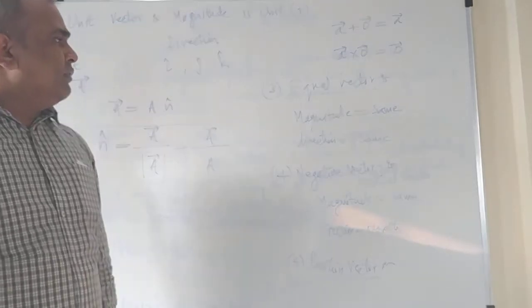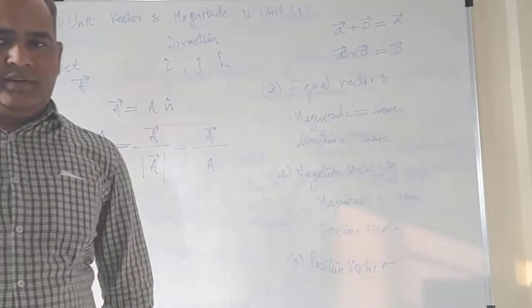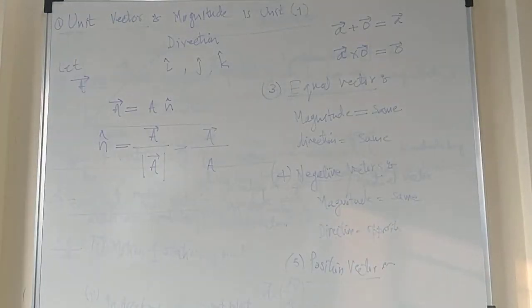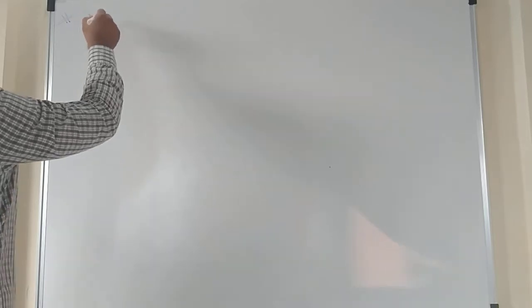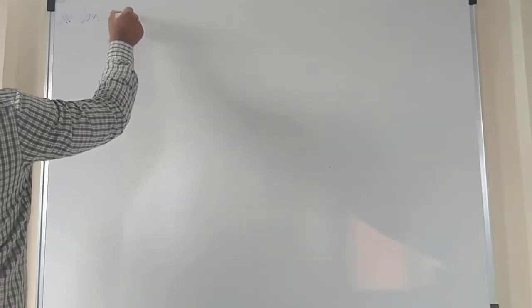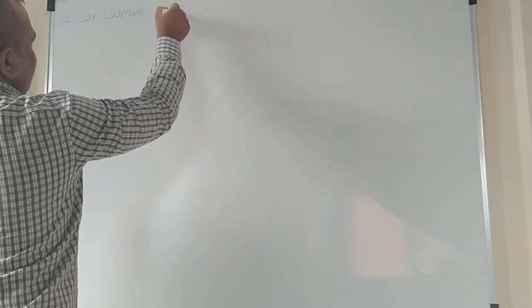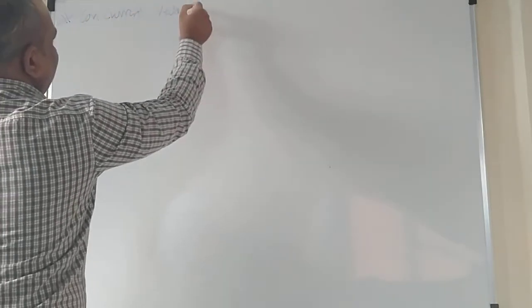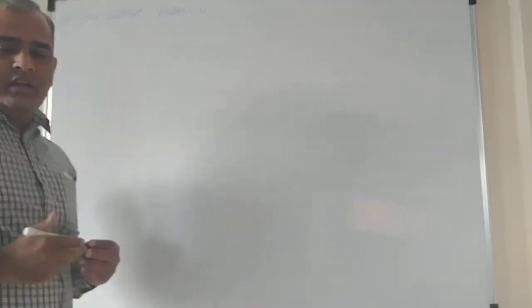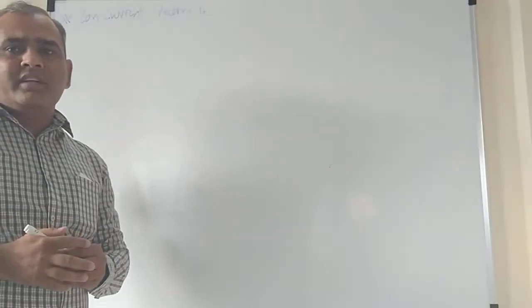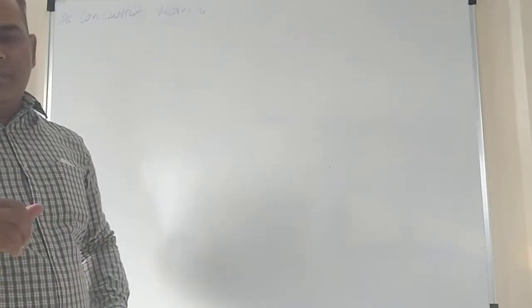Now let's go for the next definition, that is the concurrent vector. It's like concurrent circles. So what is meant by concurrent vectors? Concurrent circles are the circles whose center is the same.